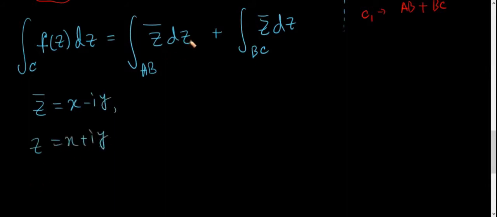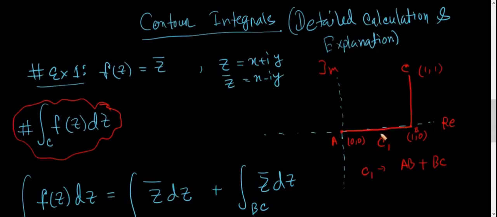But you now have to go to xy, that is, instead of integrating over z's, you need to decouple them, because you can see that these contours, this AB and BC, these two lines, are an example of constant parameterization, because on AB there is no variation in y, so y is fixed over there, and on BC there is no variation of x, that is x is not changing.